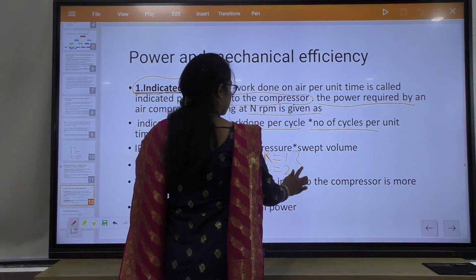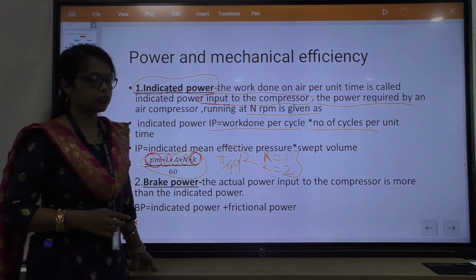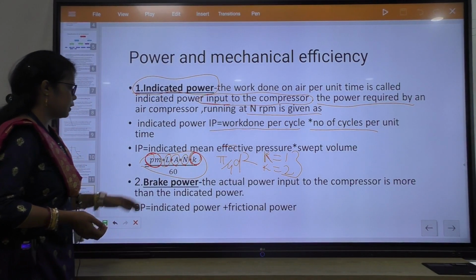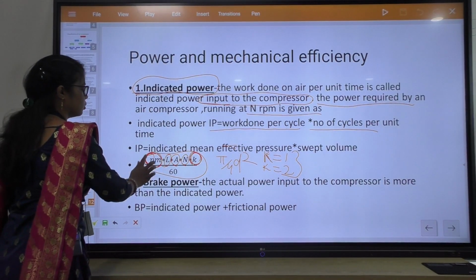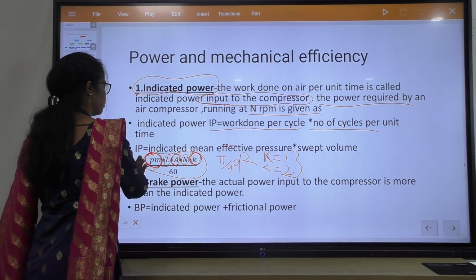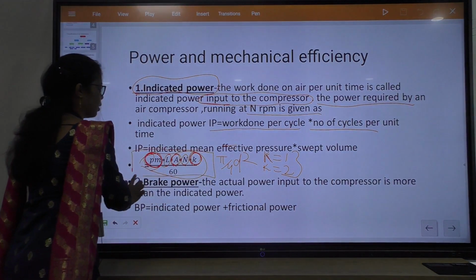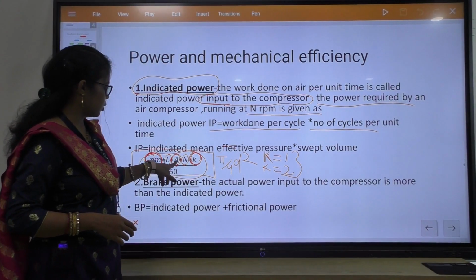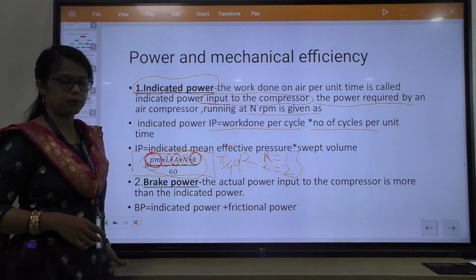You have to take the K value accordingly. Pm is the mean effective pressure, L is the stroke length, A is the area. This is the formula for indicated power. It is divided by 60 because N is in revolutions per minute.